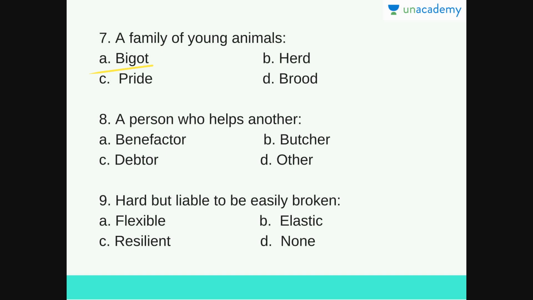A bigot is a person who is intolerant towards the opinions of others. Herd is a group of animals like the cattle or a herd of deer. Pride is a group of lions. And then you have brood, our answer, a family of young animals born at one birth.